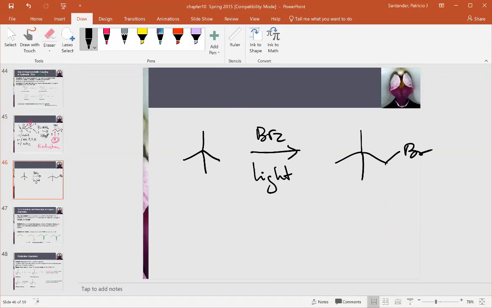Well, here I have 3 attachments to hydrogens, while in the product I have 2 hydrogens and a bromine. Bromine is more electronegative than carbon, so certainly that would have been an oxidation, right? It's an oxidation because I end up with a carbon atom that is at a higher level of oxidation than what I started with.